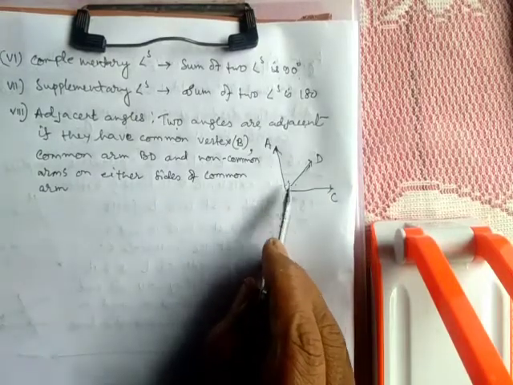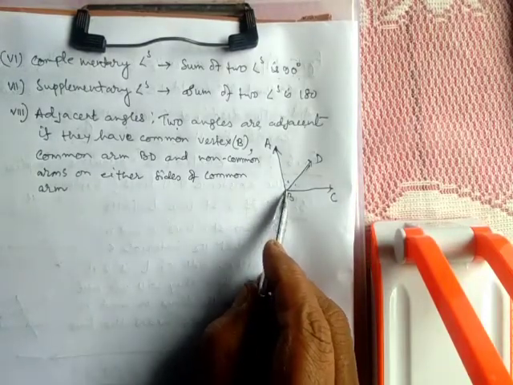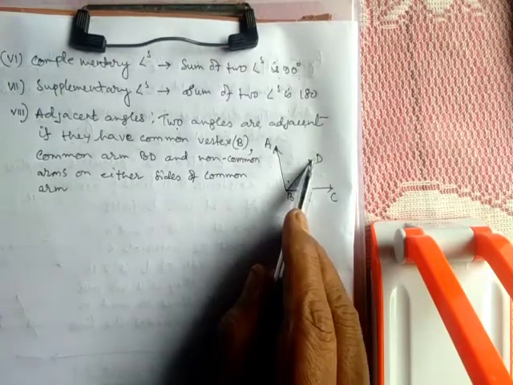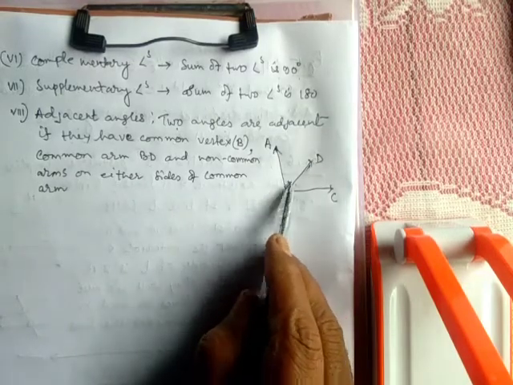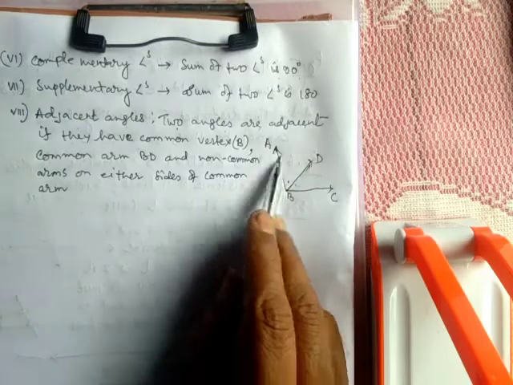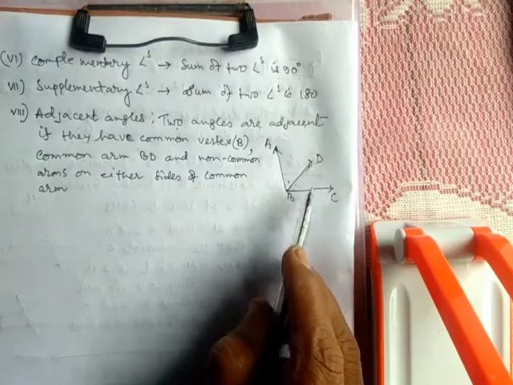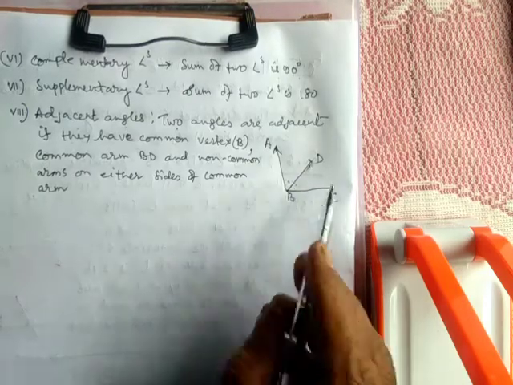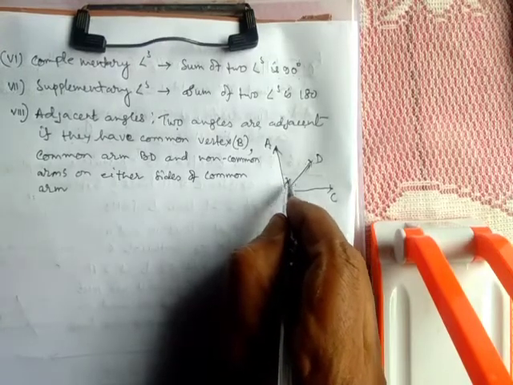So these two are adjacent angles because they have a common vertex, and this is the common arm, and on either side of this common arm there are two arms AB and BC. So these two angles are what angles? These two are adjacent angles.